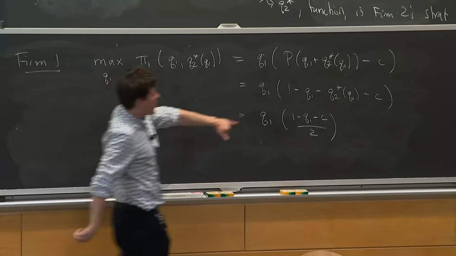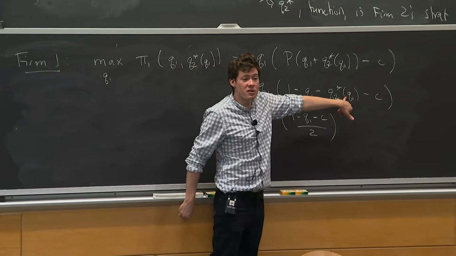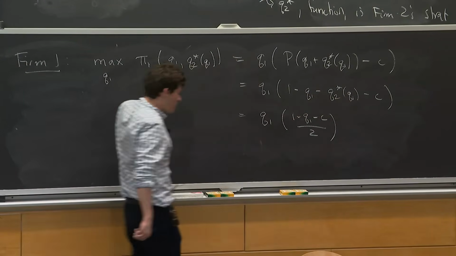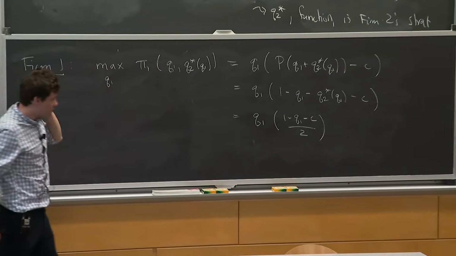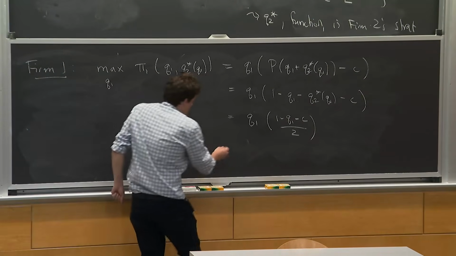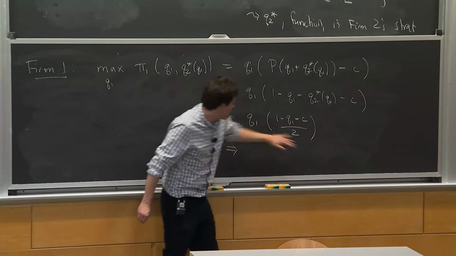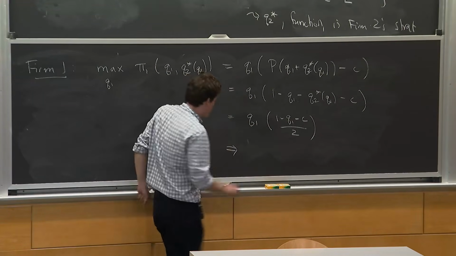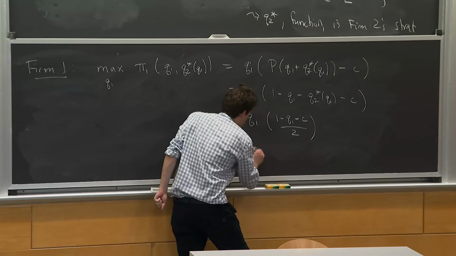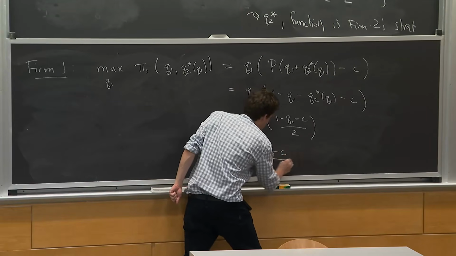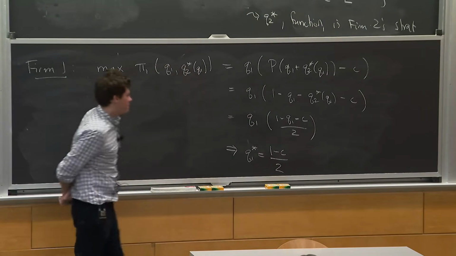The q2 star is gone because I substituted in the expression for q2 star above. And it turns out the half here doesn't actually affect the optimum, because we could just pull out the half to the front, and we're going to get q1 star equals 1 minus c over 2, if we do the algebra.